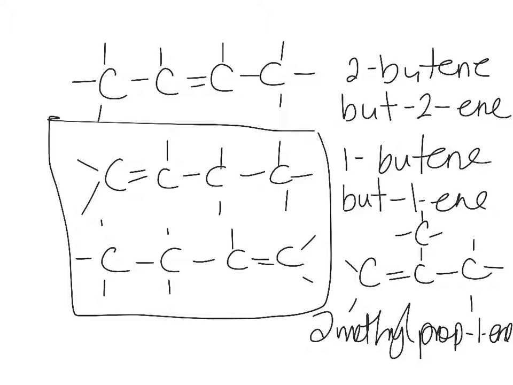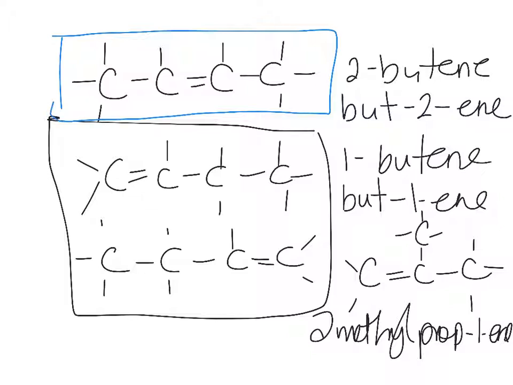Some of you that have moved ahead would know the answer. Cyclobutane. If you come back to this structure, that's actually a geometric isomer, because each carbon of the double bond is bonded to two different groups: an H and a methyl group.